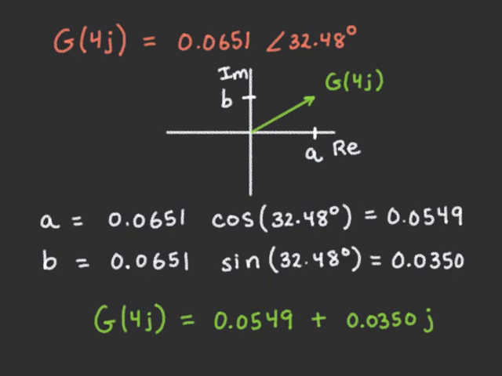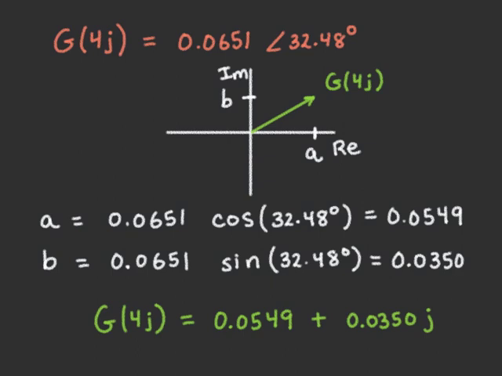I'd like to make something clear about units of these complex numbers. We have two different complex numbers in this problem. We have values of s and we have values of g of s. For example, in the problem we were just doing, s was equal to 4j and g of 4j was equal to 0.0549 plus 0.0350j.